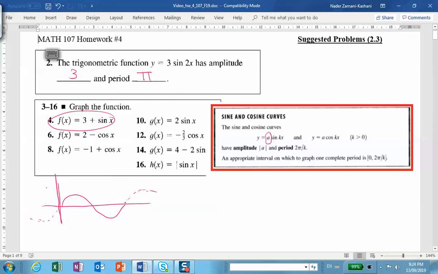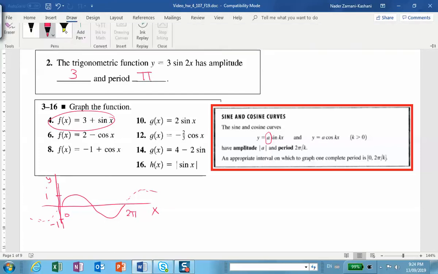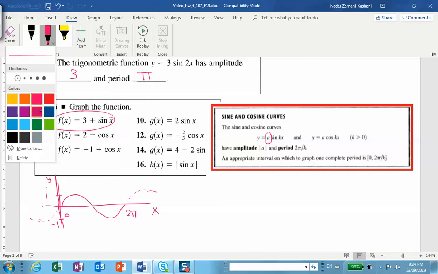And when you have 3 plus it, all that means is that every point is shifted up by 3 units. So remember, this goes between 1 and -1 as far as the height goes. Here is x, here is y, and if we were to draw 3 plus sine of x, you just take this thing and shift it up by 3 units.